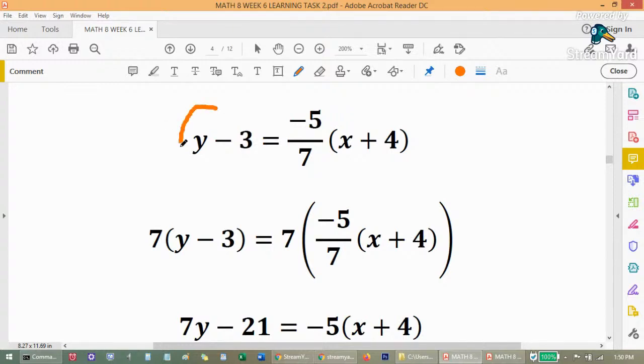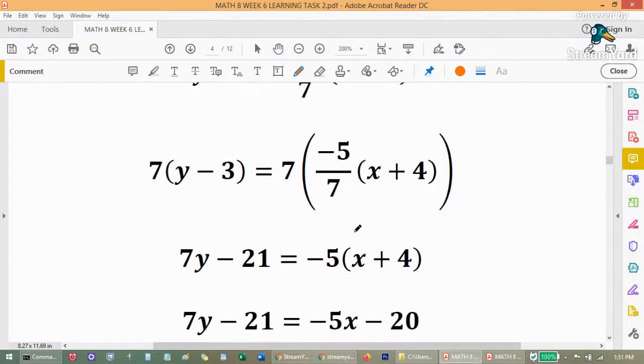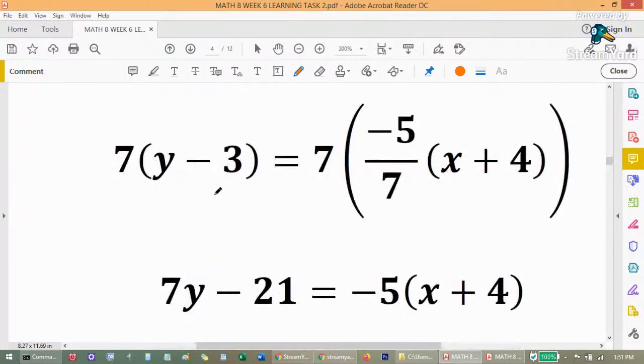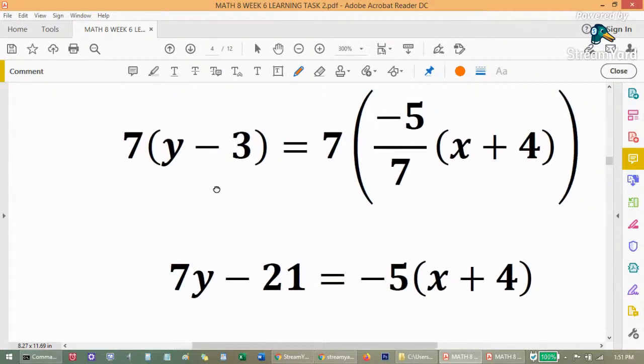Okay, multiply natin yung both sides. Lahat ito, multiply natin ng 7, and lahat ito, multiply natin ng 7. So, 7 times y is 7y. And this is positive, no?